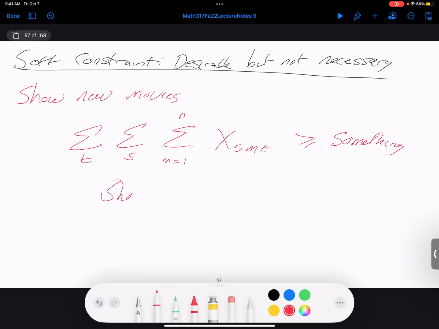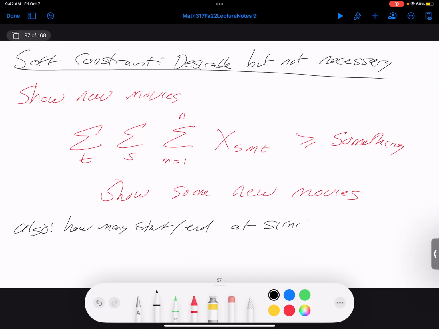So show some new movies. So that's a constraint. Other ones, and we'll talk a little bit about them later. How many start or end at similar times?